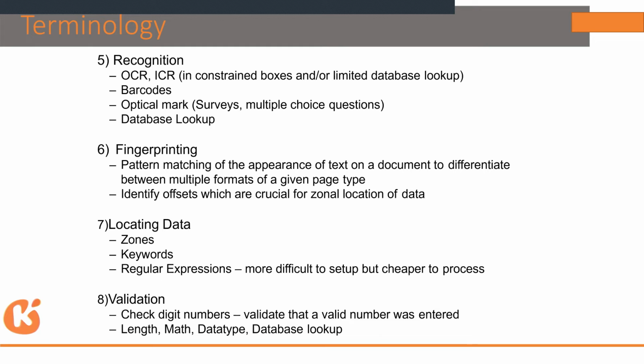Okay. So this is called fingerprinting. Then locating data. Locating data is nothing but, for example, we are processing an account opening form. In the account opening form, I have a name keyword. So name as a keyword. For the value, maybe we can find it on the right side.